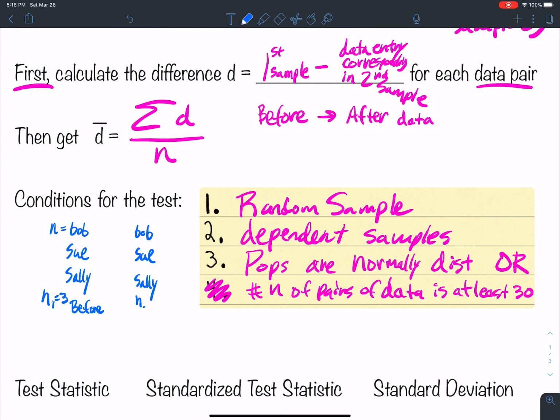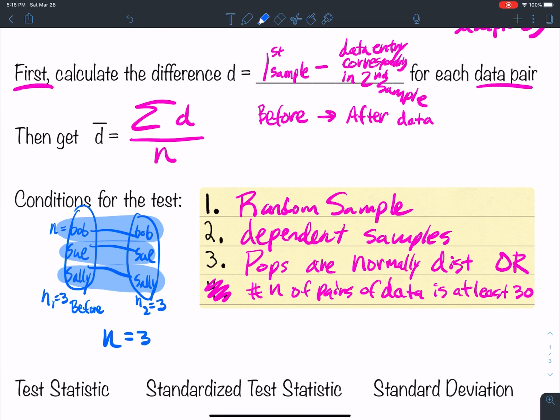Maybe that N2 is 3. The total people I have in my sample is just 3, n equal to 3. There are 3 pairs, 1, 2, 3 pairs. So that's how I calculate it. I don't say n equals 6 there. n is 3 because there are n pairs of data. Just want to make sure that was clear.